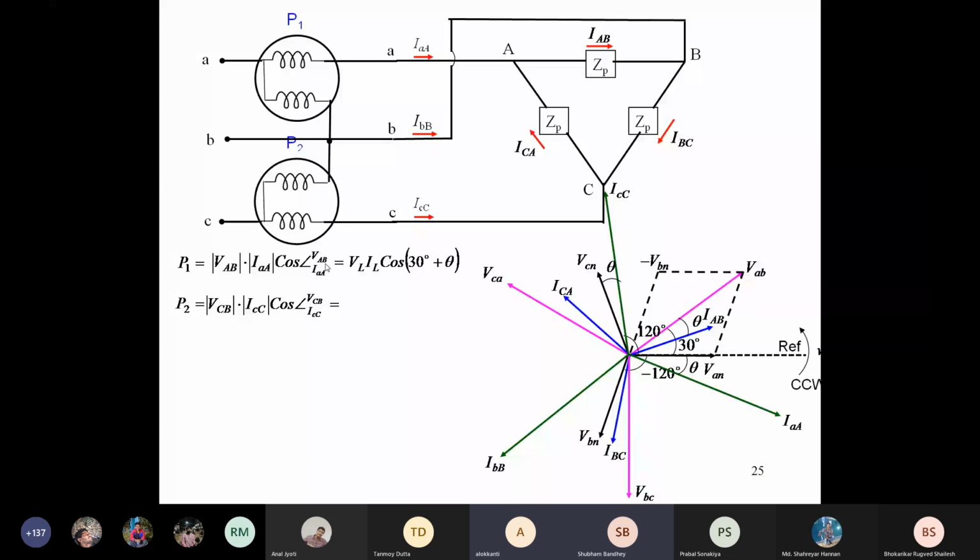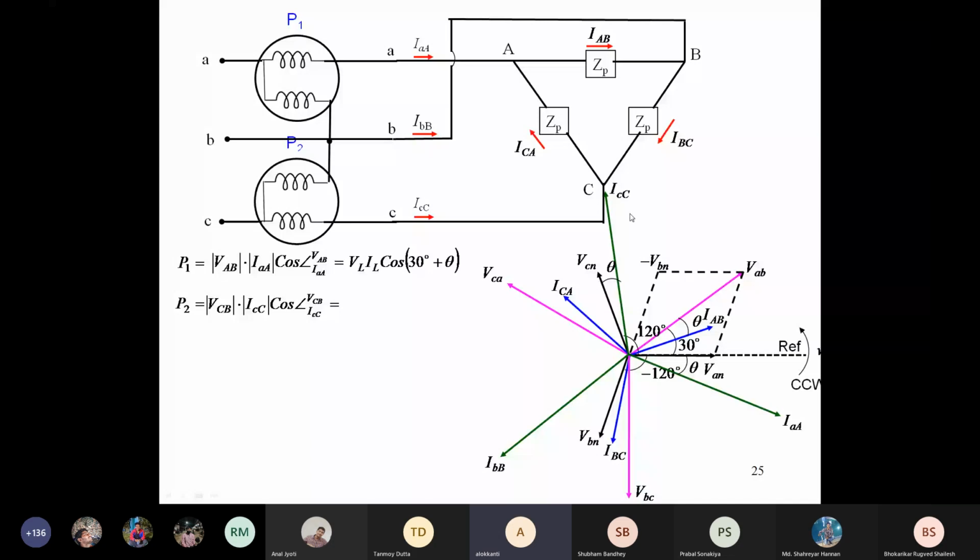What is the angle between VCB and ICC? 240 degree. VBC is here. VCB, what is the angle for VCB?